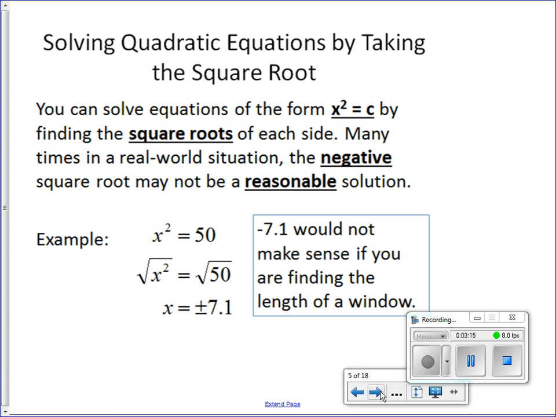All right, our example, you can see we have x squared equals 50. Taking the square root of each side, the square root of 50 is both a positive 7.1 and a negative 7.1. Now, 50 is not a perfect square, so this is an approximation.